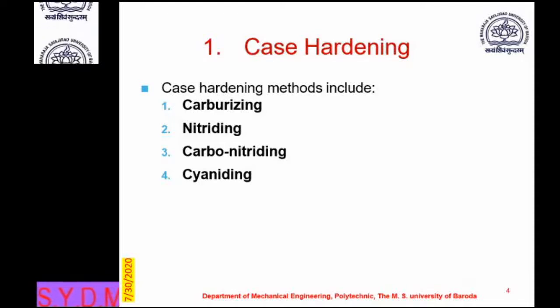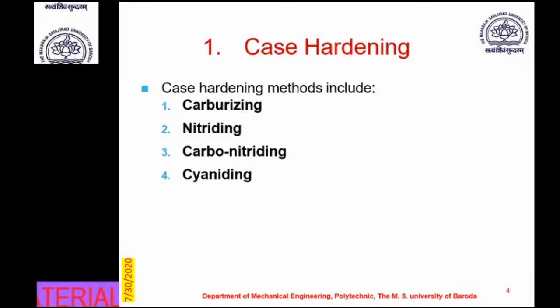First is carburizing, where carbon rich material is coated on the surface of the material to be hardened, and it is operated in a required temperature cycle and time cycle so that at the end of the process we get a hardened surface up to 10 to 20 microns or up to 100 microns. This depends upon the time cycle and the temperature cycle that we have used.